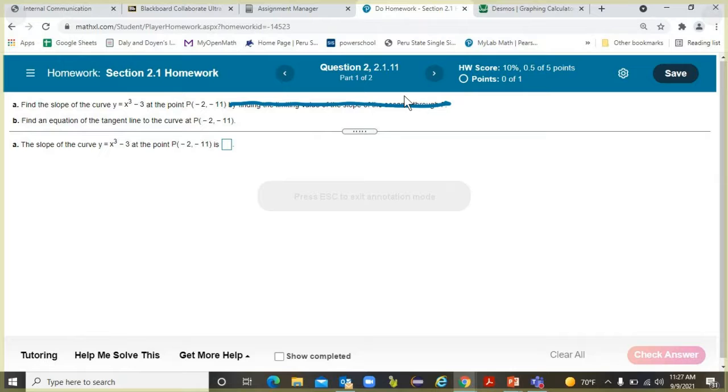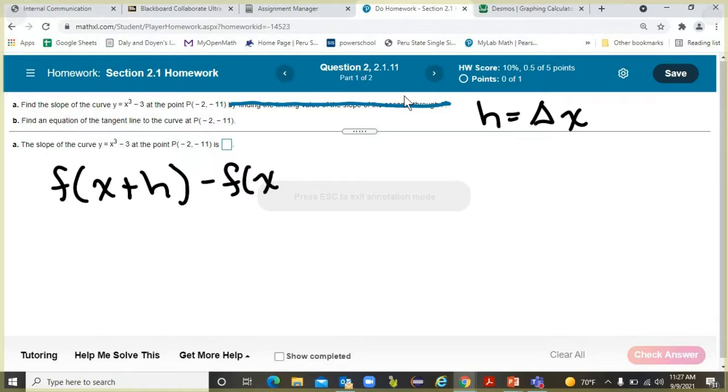The formula that you end up using for this is going to be, I'm going to use f's, f of the x value plus h, where h is the difference. It's your delta x, your change in x. So this is kind of the second point: x plus however far away you're going. So f of x plus h minus f of x.